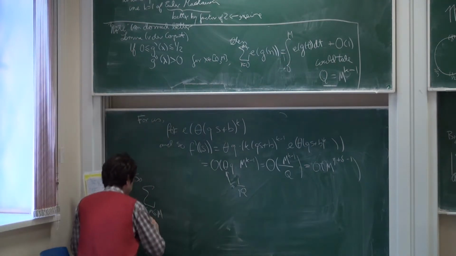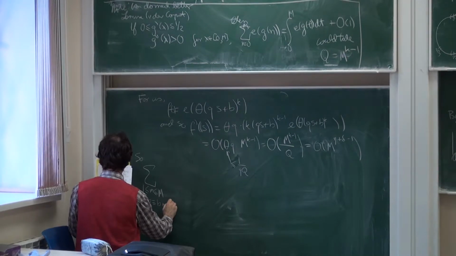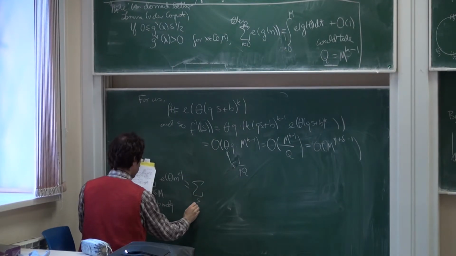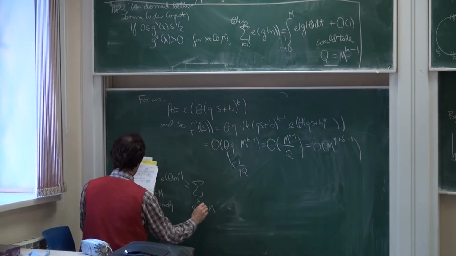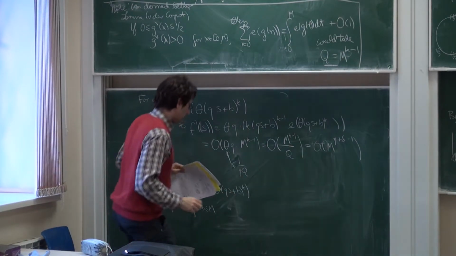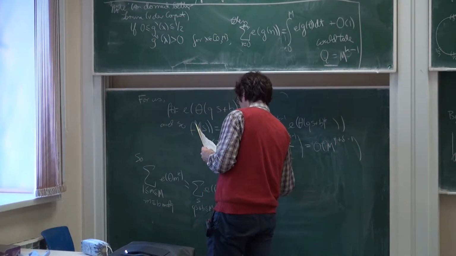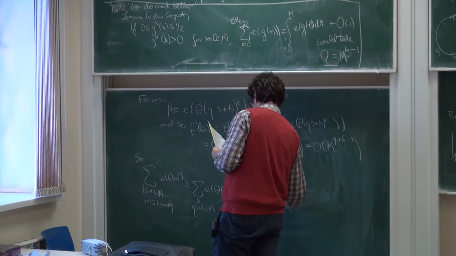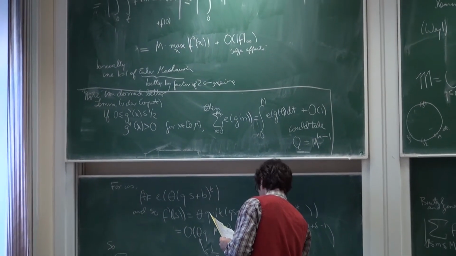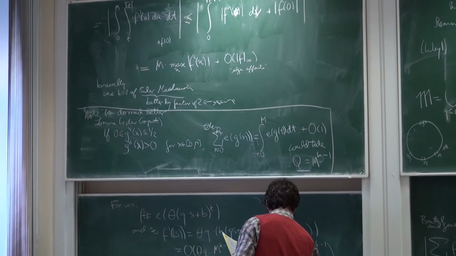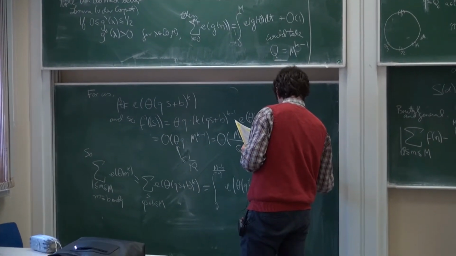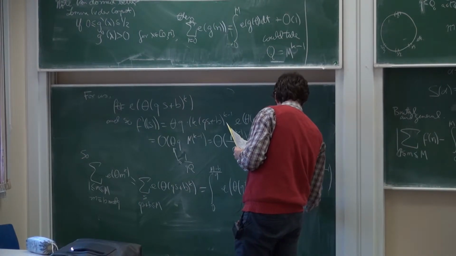if I take the sum, I get, so there's a sum, I'm just rephrasing this. So this will be an integral, the f infinity will just be 1, plus O of m to the minus b over q of m to the eta plus delta minus 1 plus O of 1.